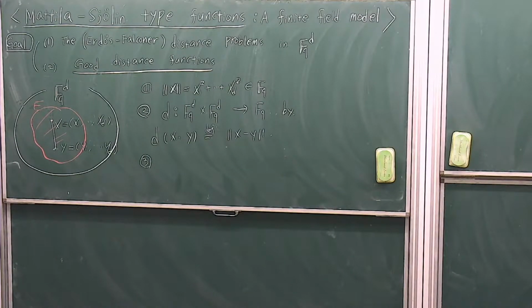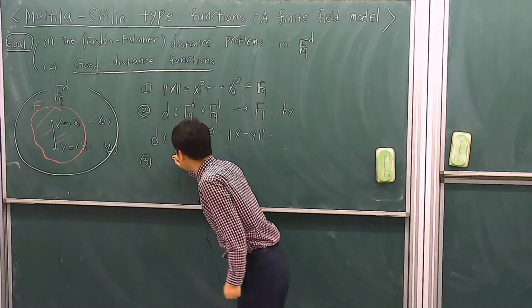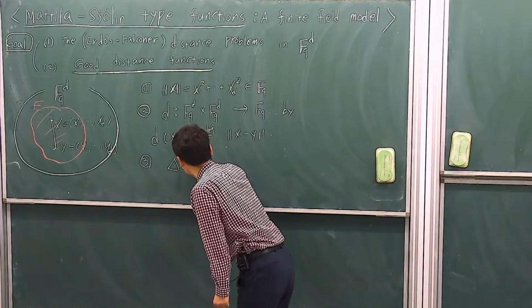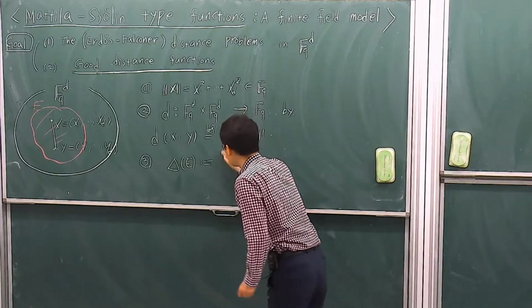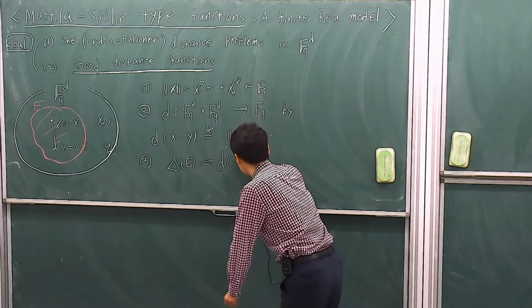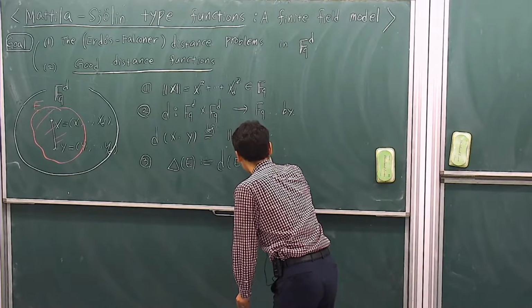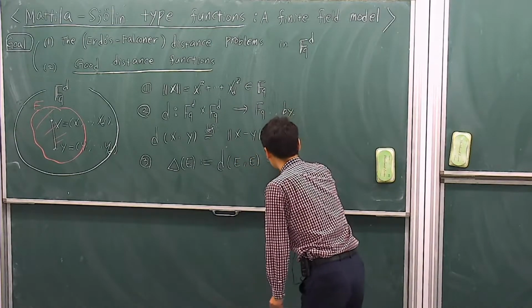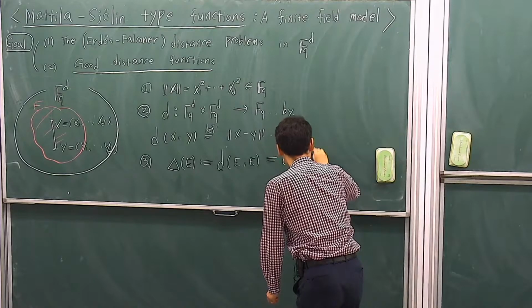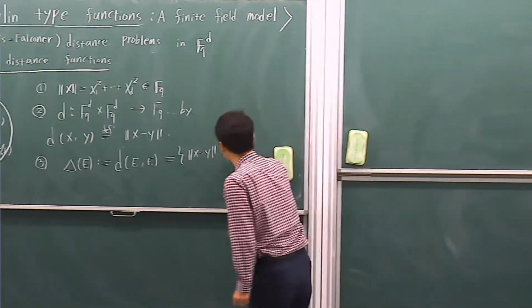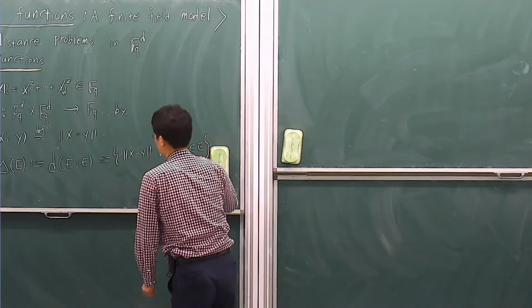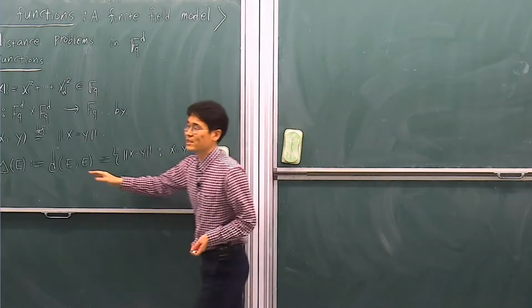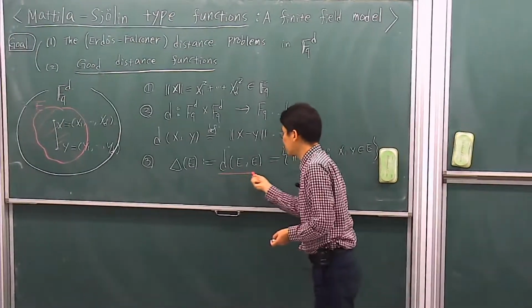So we collect all distances from the set E. Actually, this notation is the distance from E times E: the collection of all distances such that x and y are in E. This is called the distance set.